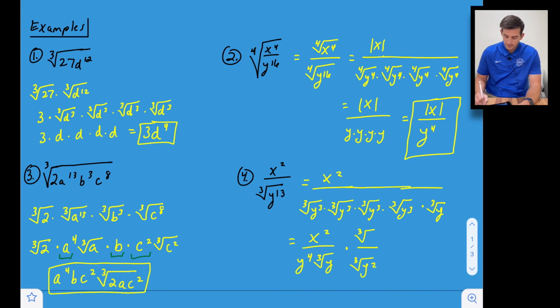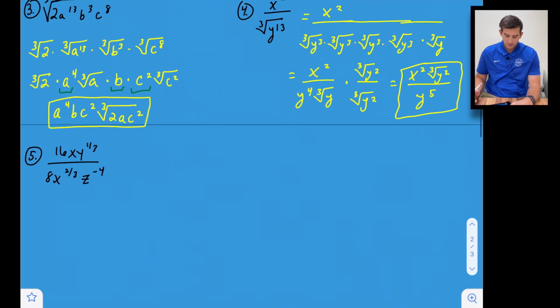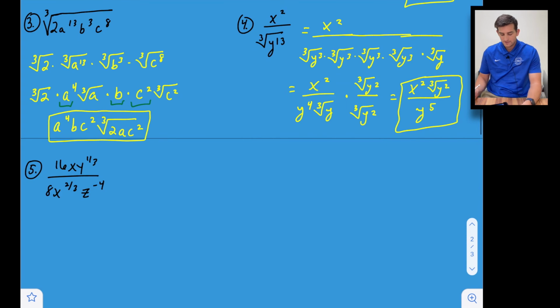So we're going to multiply that on both numerator and denominator, because when I multiply the cube root of y times the cube root of y squared, that's going to become the cube root of y cubed, which cancels out to give us y. So now in the numerator we have x squared, cube root of y squared, divided by, and essentially we've just given ourselves another factor of y, so this is going to be y to the 5th now.